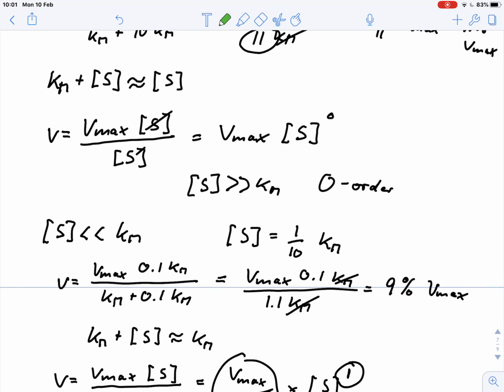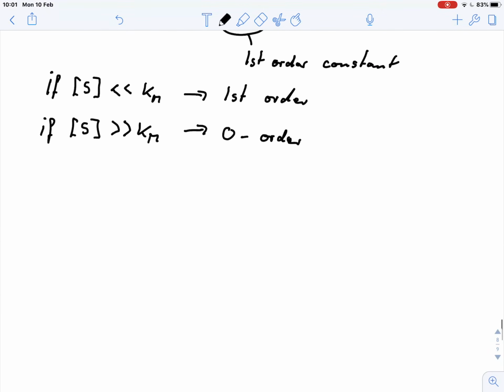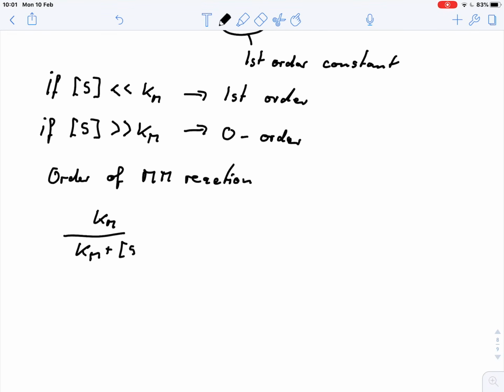One can show that the order of a Michaelis Menten reaction can be expressed as Km over Km plus S. And we see that the order actually depends on the substrate concentration, and that's something that we haven't had before. So I hope this makes sense, and thank you very much for watching.